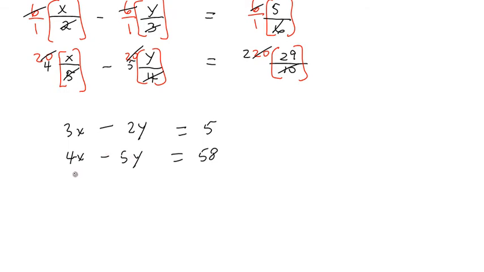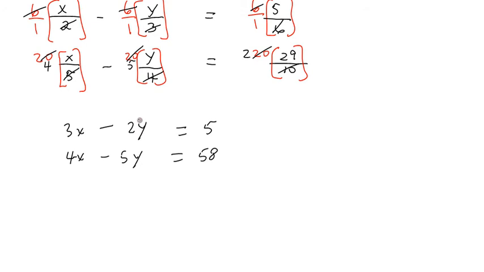If we want to use the elimination method, that means we're going to add these two equations together and have either the x term disappear or the y term disappear. And in order for that to happen, I need this x term and this x term to be the same, except one positive and one negative. Or I could do that with the y's.